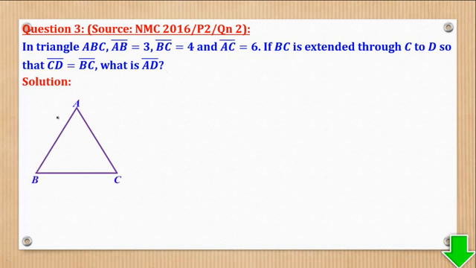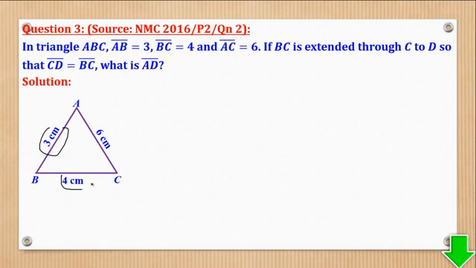Now still I realize that this A is up and BC is here because they talked something about BC. They said BC is extended through C to D. So there's something being done on this BC. That's why we choose to make it horizontal. Then we shall put the sides given.